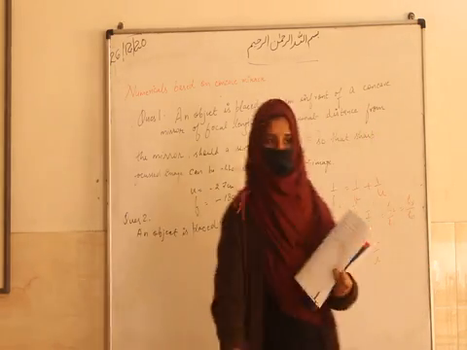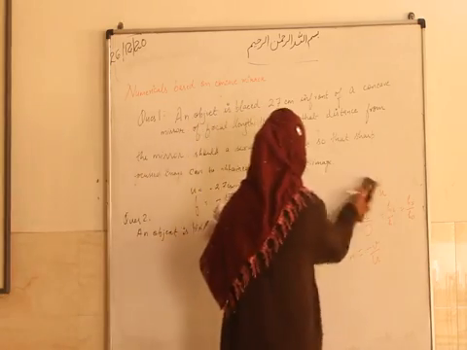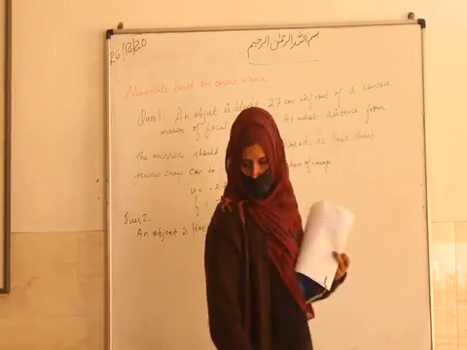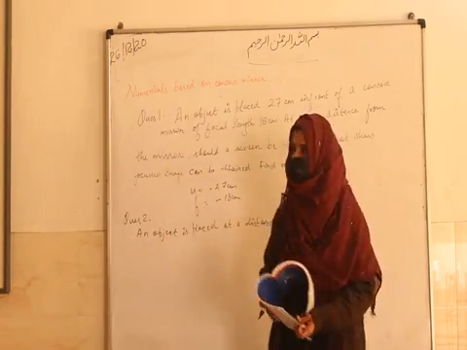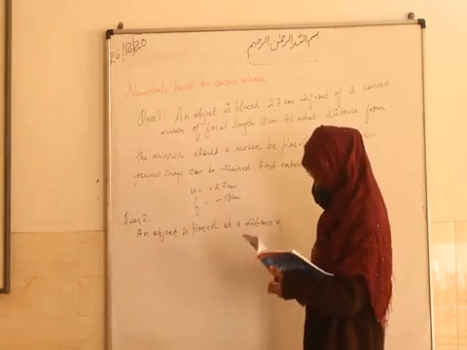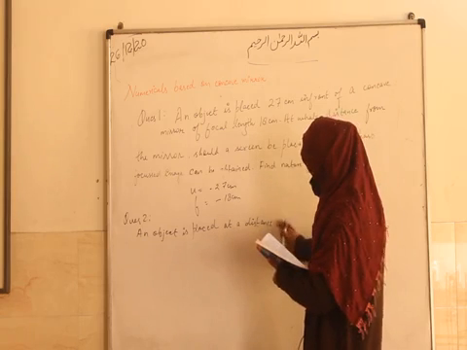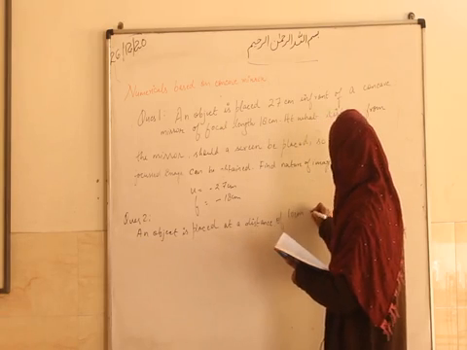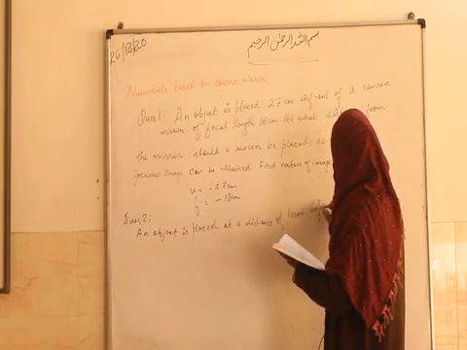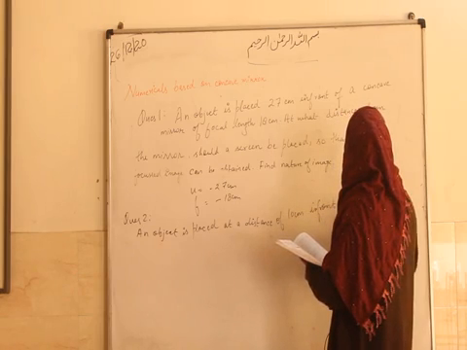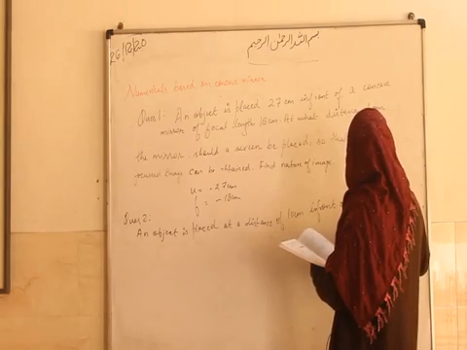At a distance of 10 centimeter. 5 by 54. The answer will come in a whole number, not in a decimal number. 54 is the LCM. So Gibran, till this time we discussed only concave mirror, not convex mirror.